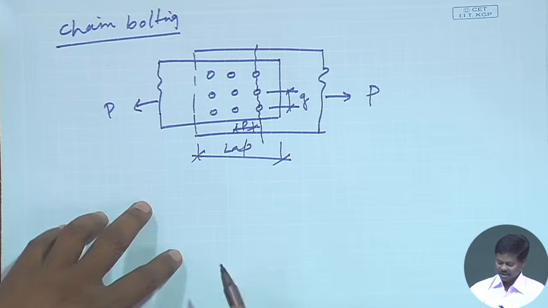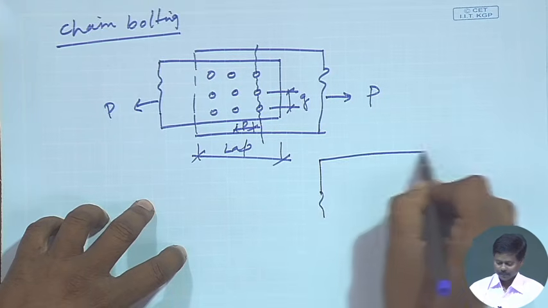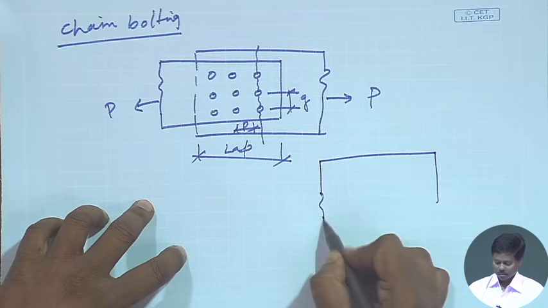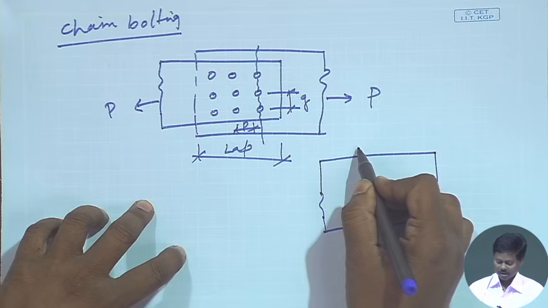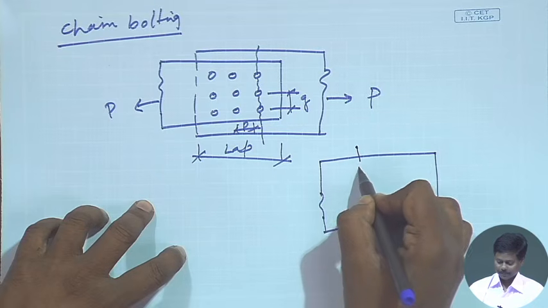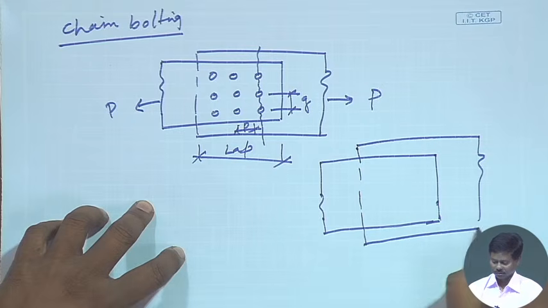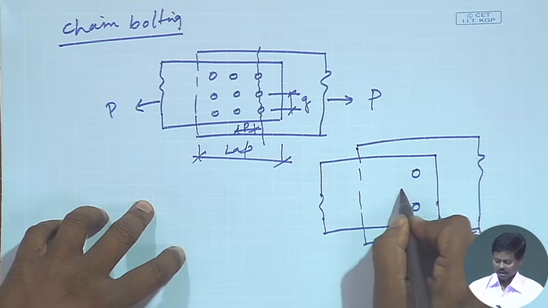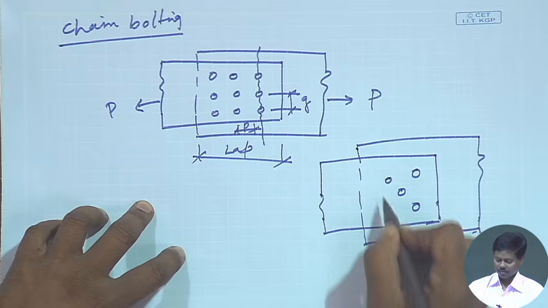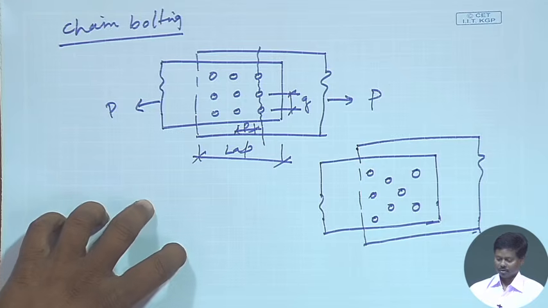Now, in case of zigzag bolting, the position will be in a zigzag way. Say we have bolting here, then we have bolting here, maybe again we have here.